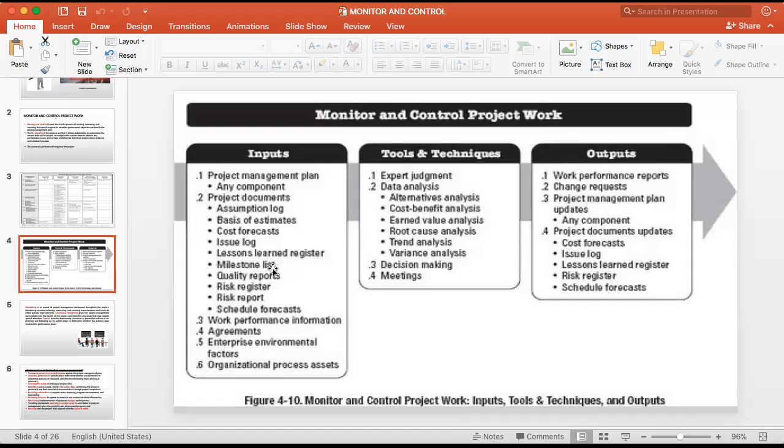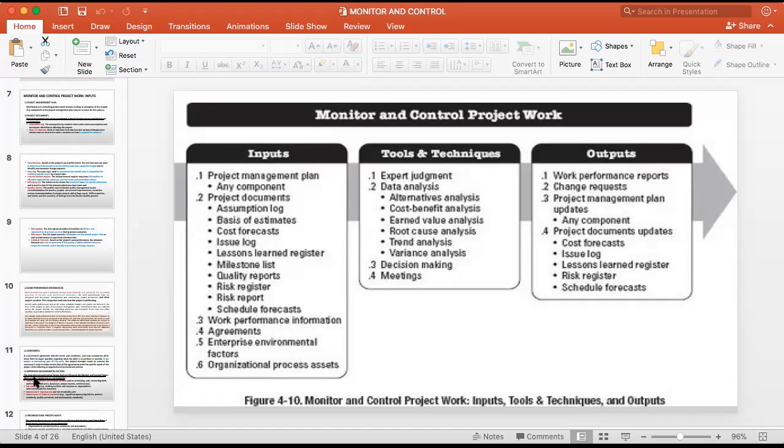To develop the work performance report out of all these details while the work is going on, this is a thinking process. There's nothing else to do now. You need to think and do certain things. Since this is a thinking process, you need experts for this. They will carry out analysis and take some decisions by having some meetings. So these are the tools and techniques, and we are going to learn that.